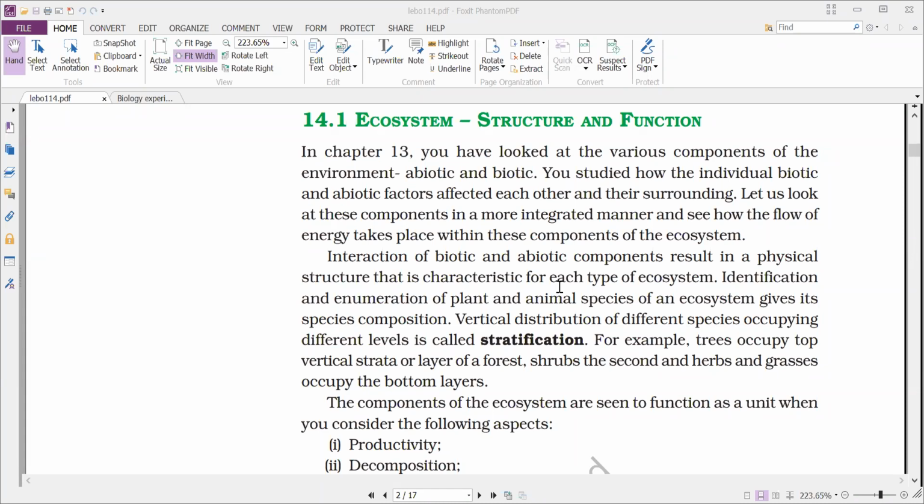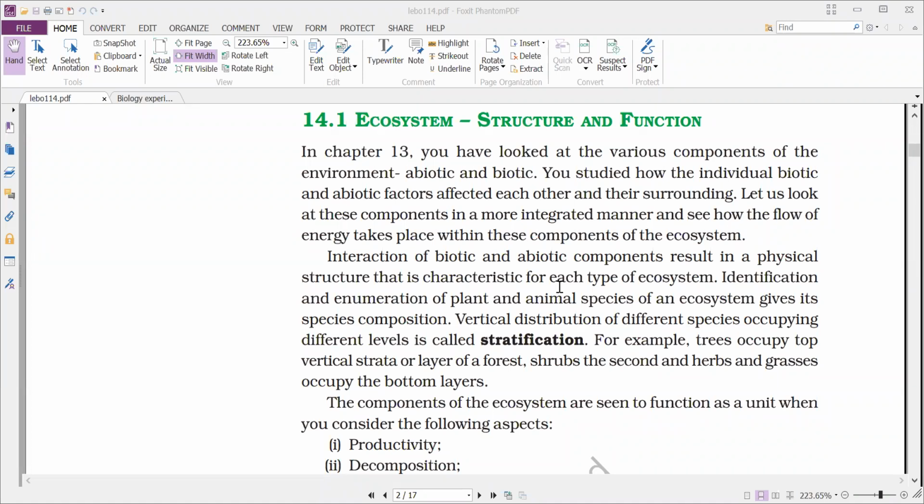So these are all abiotic components that are affecting the growth of the organisms. And we also discussed biotic components and their interactions, like predation, parasitism, mutualism, competition. Like this we have studied the living factors also, how they are affecting the surrounding organisms.